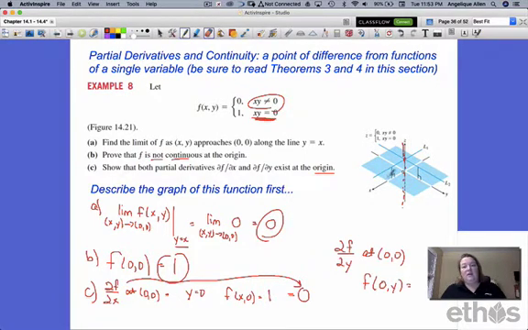So all along the y-axis, the y values are changing while x stays 0. And that puts us up here at line 2. Our function, if we hold x constant at 0, is just this line. And this line is not increasing up the z-axis at any point, so its slope is 0.